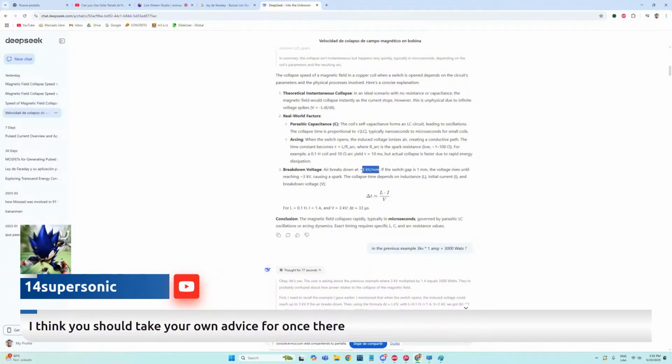And at that time, the spark will be discharged into the air and into the ground. In this example, it's going to happen in 33 microseconds, with a given coil of 1 Henry of inductance and an initial current of 1 amp.